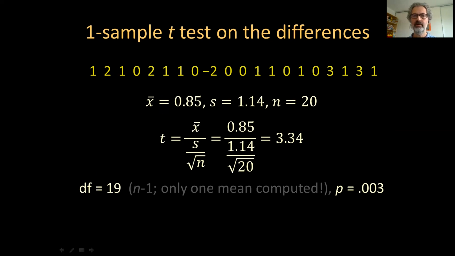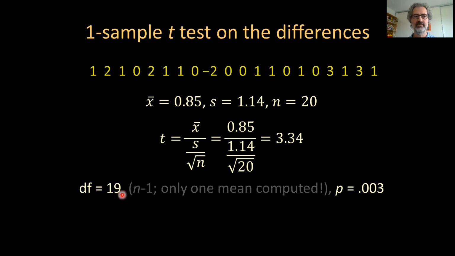N minus 1 is the appropriate number of degrees of freedom for the one sample t-test and for the paired samples t-test. But here n is the number of children, which is equal to the number of differences. It's not the number of original measures because those are gone. So there's 20 children. Each child was measured twice. We had 40 original data points, but we only have 20 children, 20 differences, minus one sum, 19 degrees of freedom.